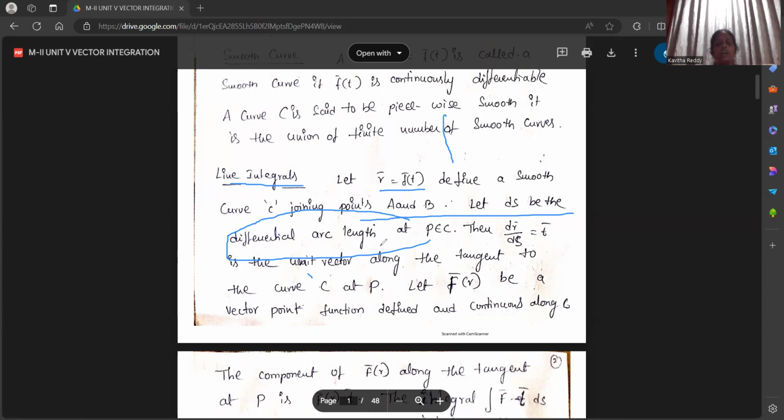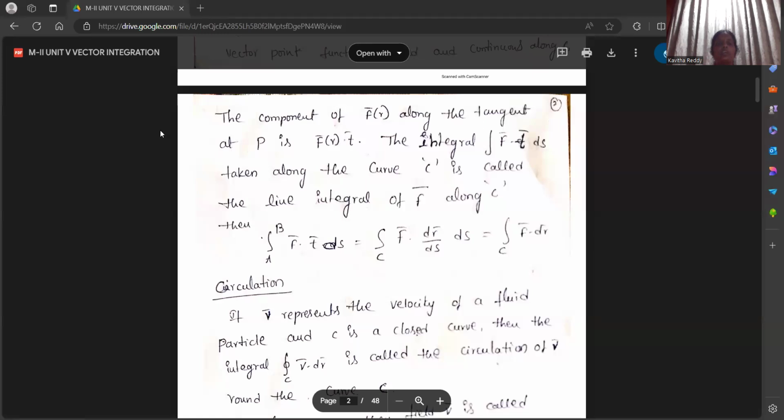Let ds be the differential arc length at P belonging to C. Then dr bar by ds equals t bar, the unit vector along the tangent to the curve C at P. Let f bar be a vector point function defined and continuous along C. The component of f bar along the tangent at P is f bar dot t bar.